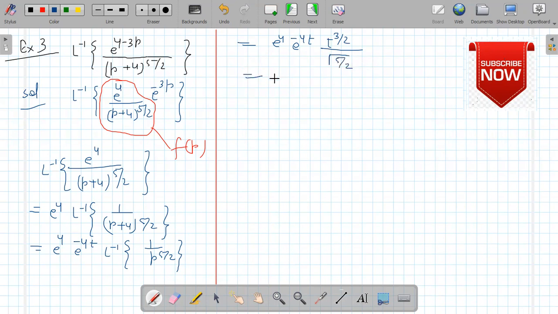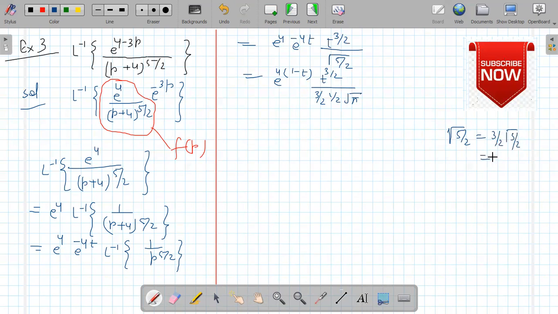So this is equal to e raised to the power 4, e raised to the power minus t, t raised to the power 3 upon 2, divided by gamma 5 upon 2, because gamma 5 upon 2 is 3 upon 2 gamma 3 upon 2.